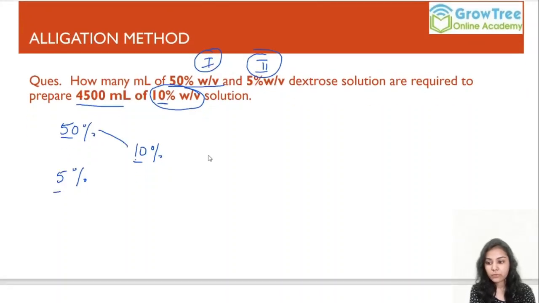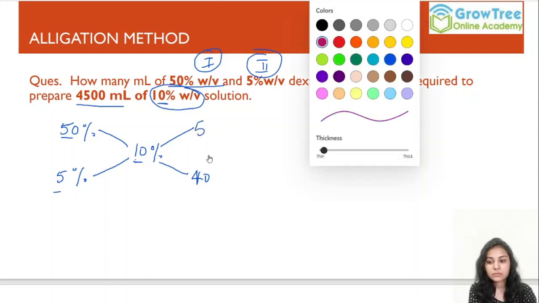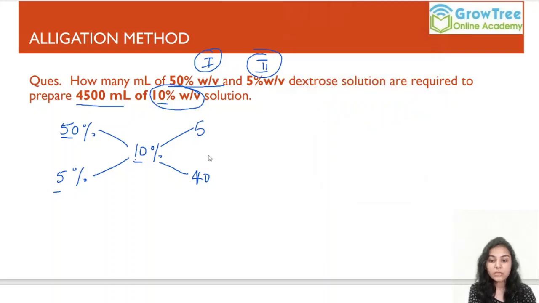So going diagonal for 50%, by subtracting 50 and 10 we will get 40 here, and then going diagonal for the second value, that is 5%, by subtracting these both values 5 and 10 we will get 5. Now we are done going diagonal. Now we have to go straight.